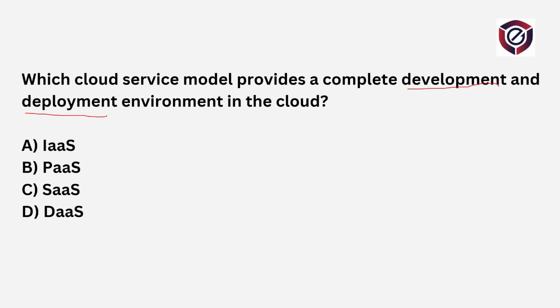Remember, whenever such questions are asked regarding development as well as deployment, it is always platform as a service, option B. Software as a service provides software which is ready to use, whereas infrastructure as a service provides the infrastructure and virtual machines. Development and deployment is related to platform as a service, such as Heroku or Google Colab. These are examples of platform as a service.